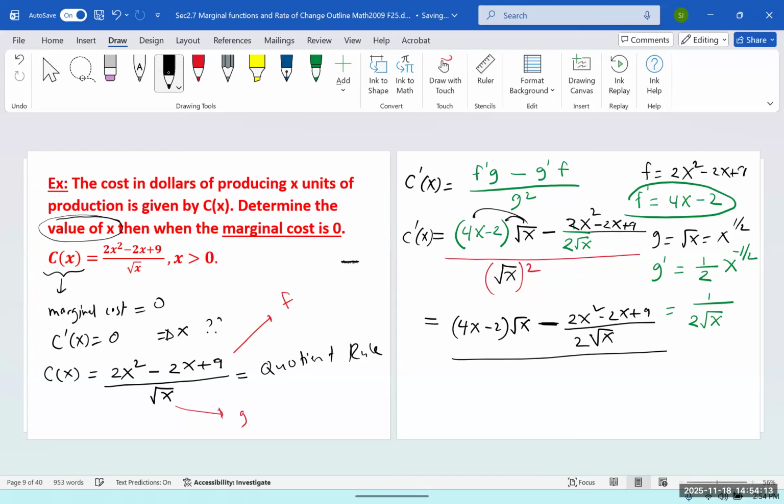Whole thing divided by, what is square root of x squared? X.